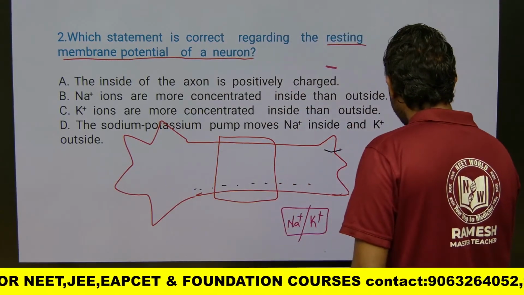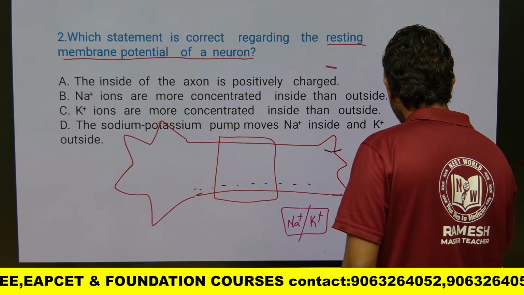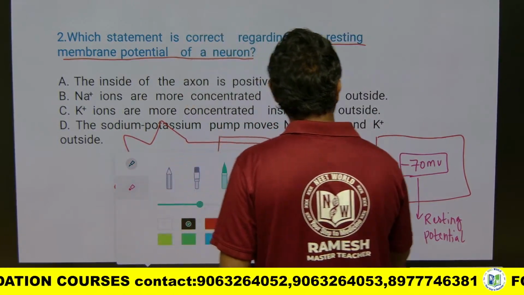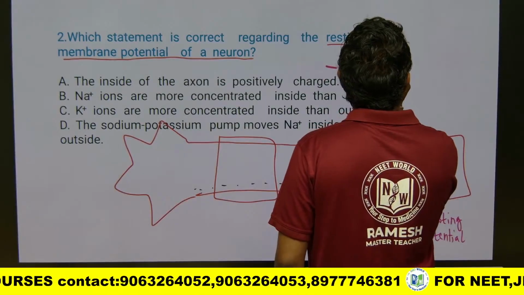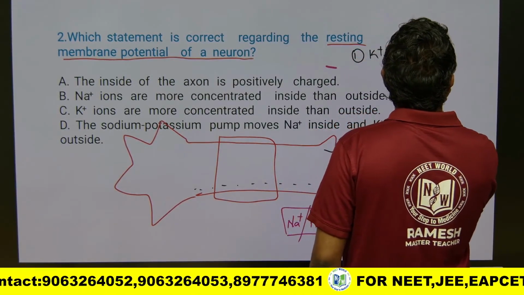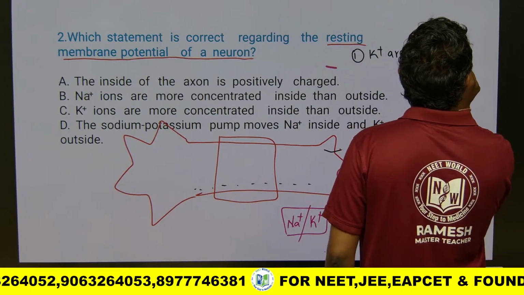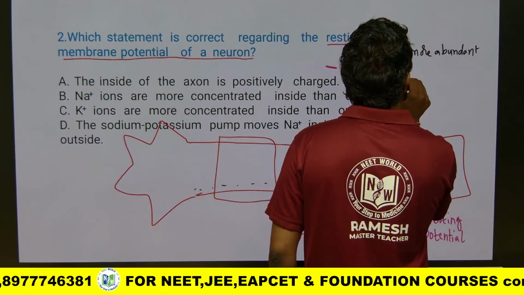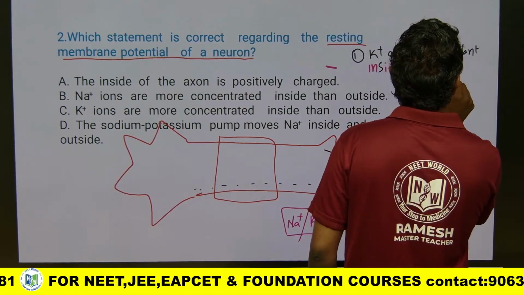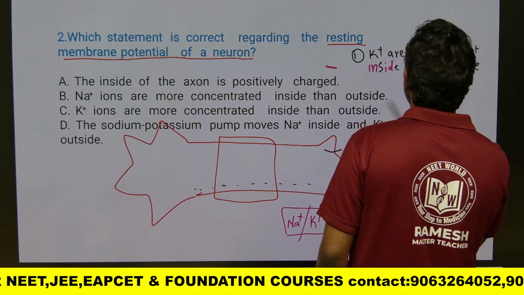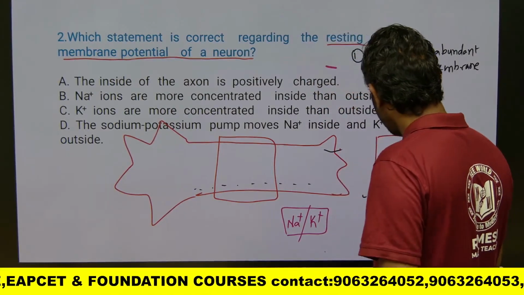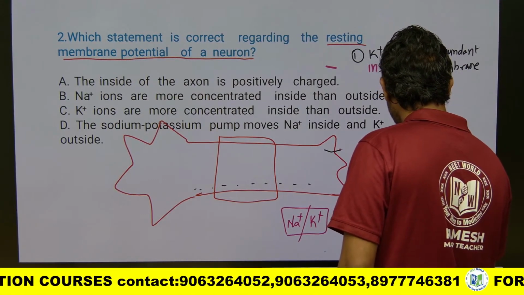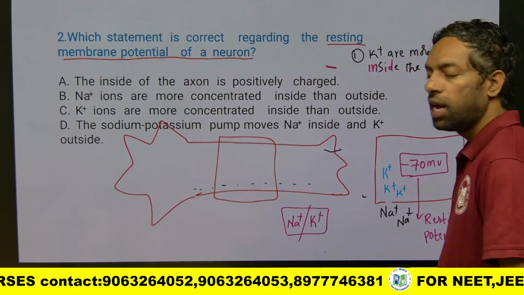Condition number one: potassium ions are more abundant inside the membrane, and sodium ions are more abundant outside the membrane.